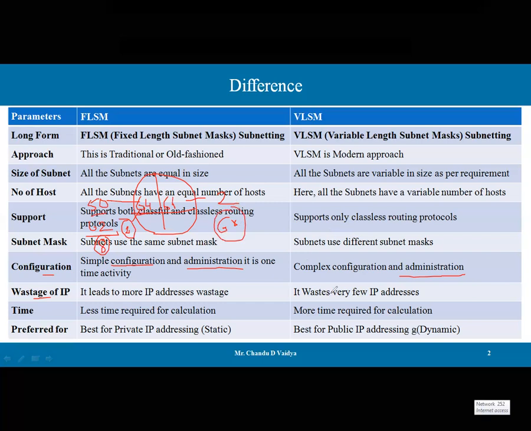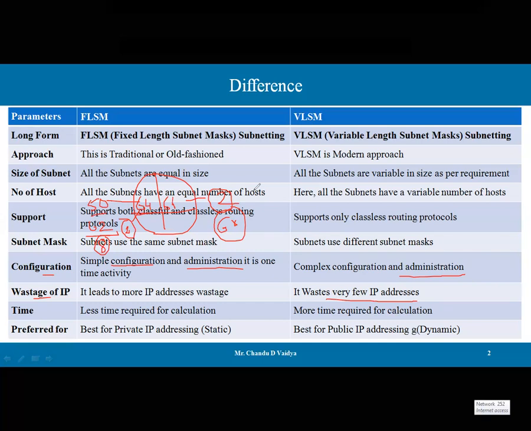But if you go with VLSM, very few IP addresses are going to be wasted, because if we require, let's say, 4 hosts, we can have a different subnet mask, and the size of that particular subnet also varies. So it is going to be reduced in size, very much less.